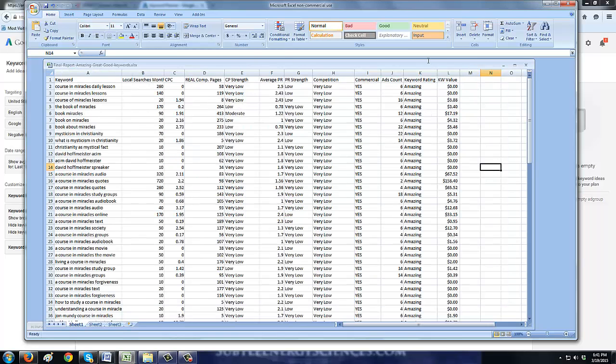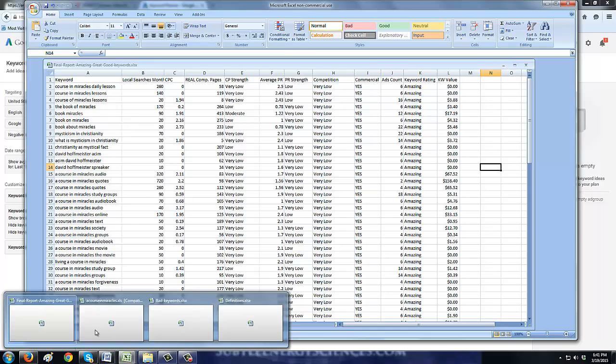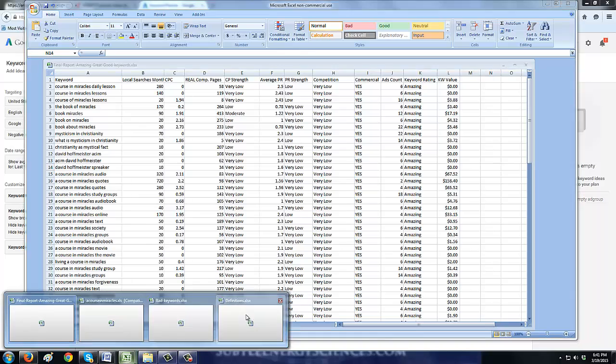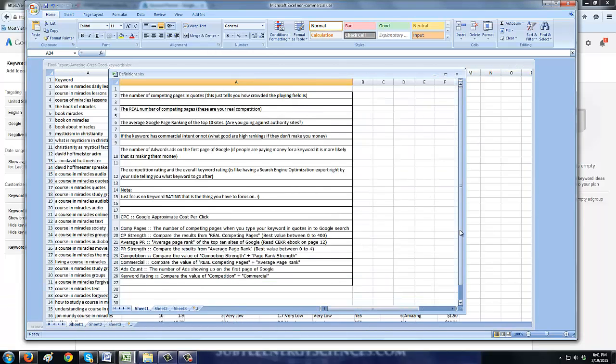Okay? So let's see. And then I will also be giving you the definitions page, which gives you a definition for each one of the column headings, just like I went through, but it'll help you understand a little bit more about the competition.